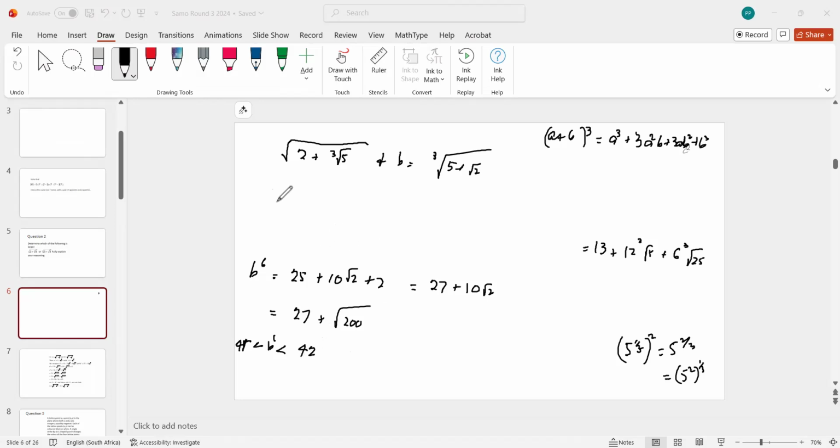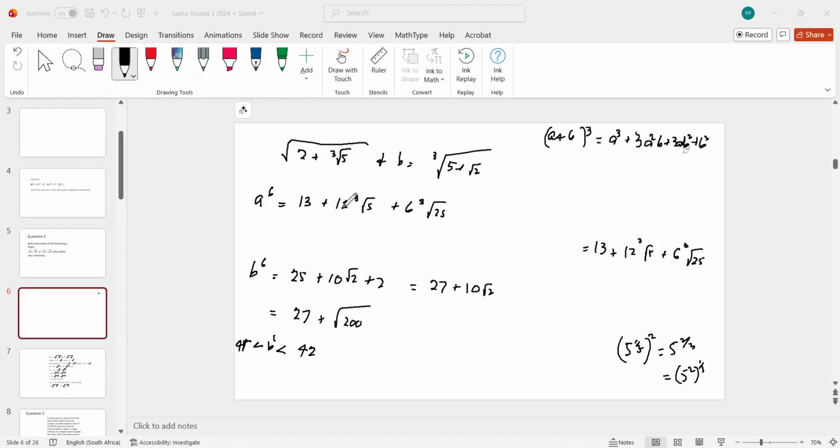So I got b to the 6 is less than 42. Let's have a look at a to the 6. We said it's 13 plus 12 times the cube root of 5 plus 6 times cube root of 25.